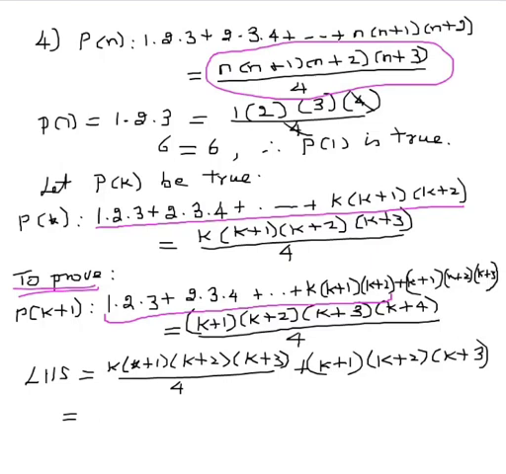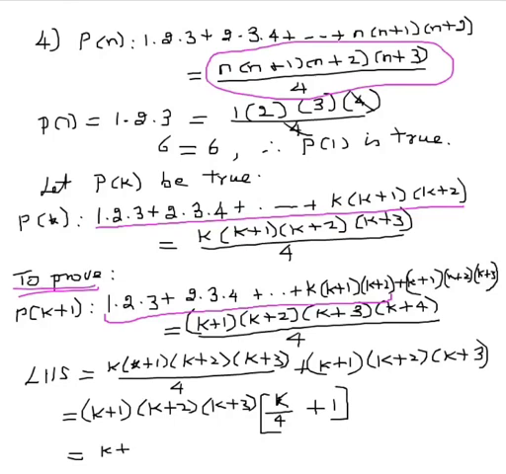Take out the common factors. K plus 1, k plus 2, k plus 3 are common factors. We have k by 4 from the first term and 1 from the second term. Take LCM for the last term. 4 is the LCM.